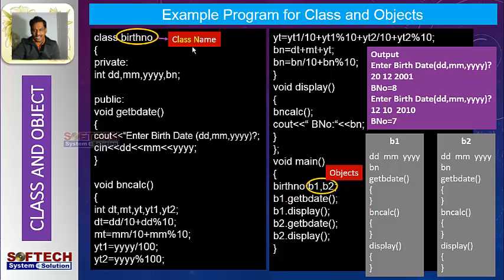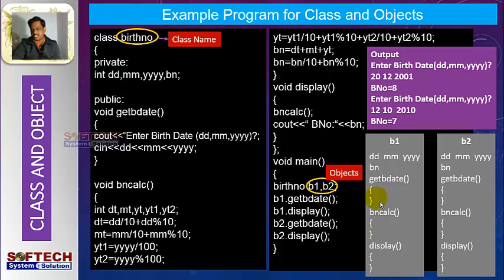We cannot access the data members outside of the class, because the data members are all in the private section. So getDate is public, we can call this function b1 dot getDate. If we call this function, it calls getDate from the copy of b1. Through this function, it gets input, that is, enter birth date. What is the definition?